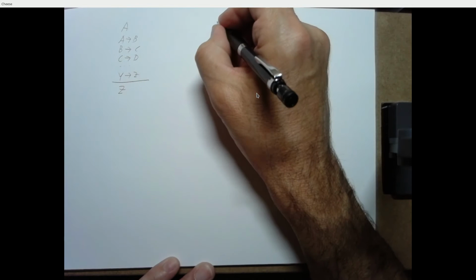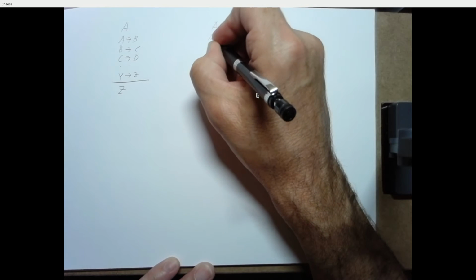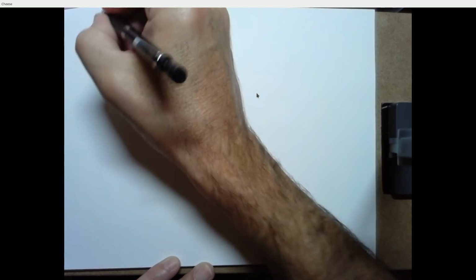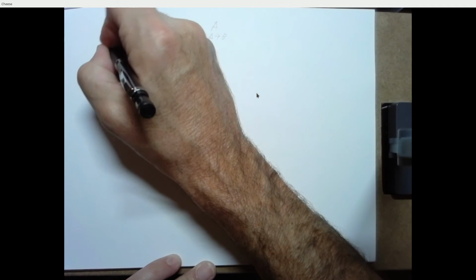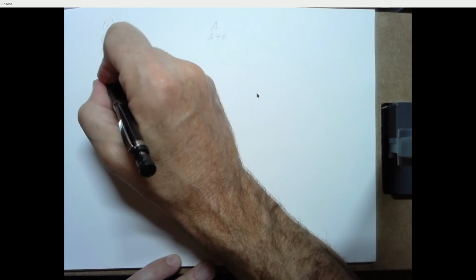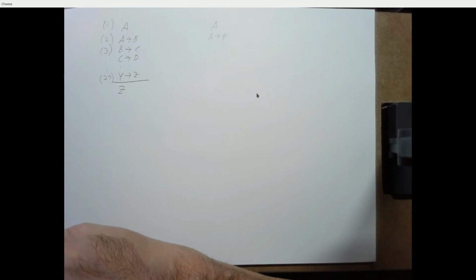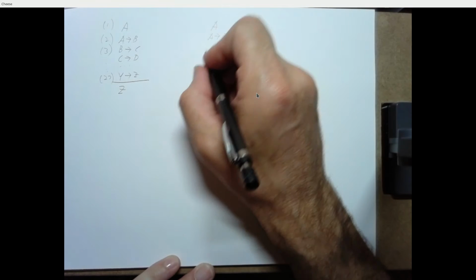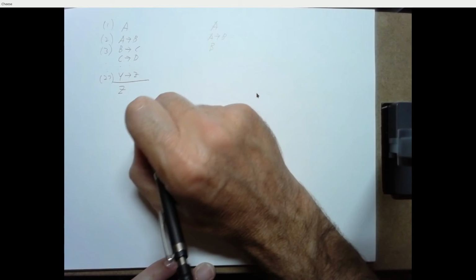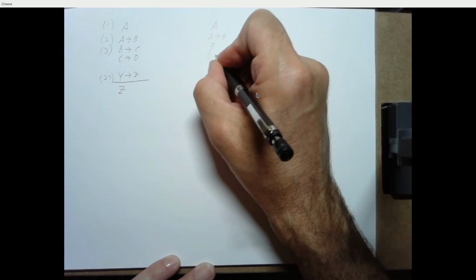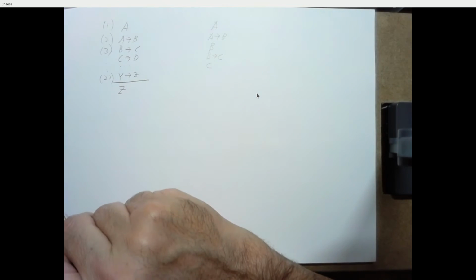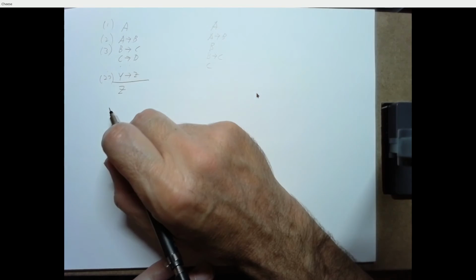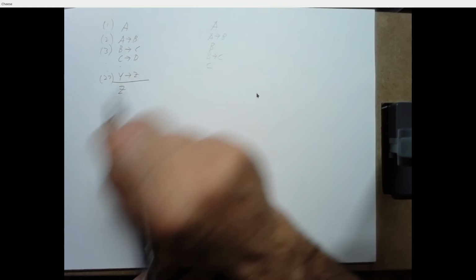For example, we know A, and we know that A implies B, and I'm going to number these, by the way. We know A, and we know A implies B, and therefore we know B. And we know B implies C, and therefore we know C, and so on. Okay, I'm going to write down reasons why we know these things.